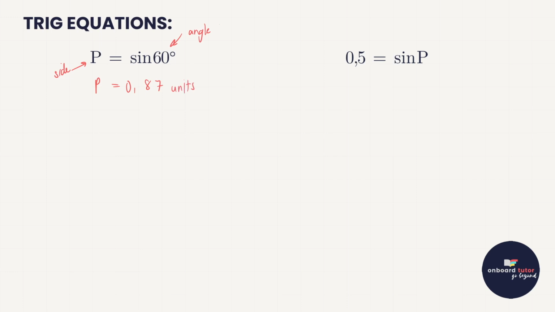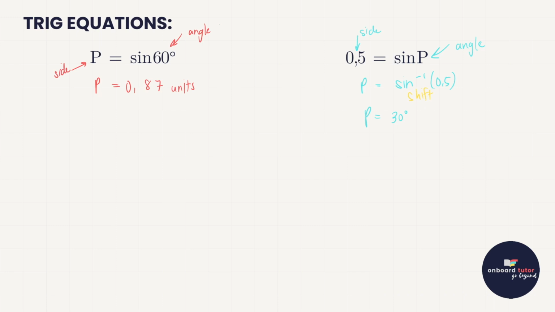Or alternatively you could be given a side length and asked to determine an unknown angle. Then remember what we did was we said P is equal to arc sine of 0.5. On your calculator, remember that is the shift button there. So you're going to say shift sine of 0.5, and you get an answer there of 30 degrees.